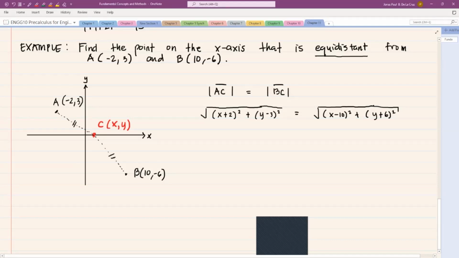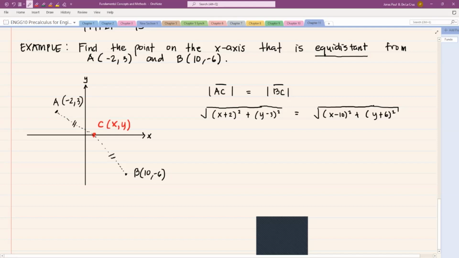So, kailangan natin gawin itong one lang yung unknown, isa lang yung unknown. Ano ba yung alam natin kahit point C? Itong point C, nandito siya sa x-axis, tama? So, ang ibig sabihin nito, wala siyang vertical distance from the origin.